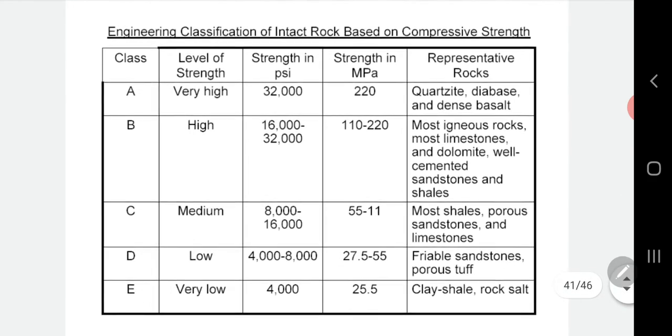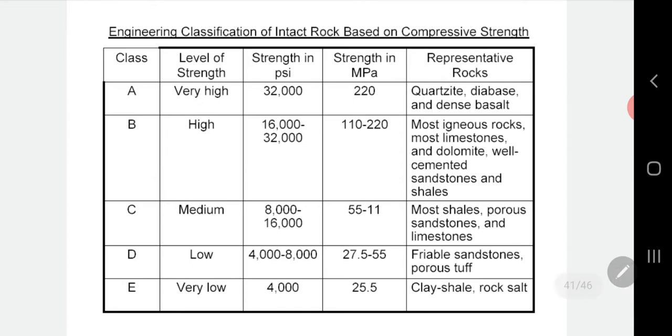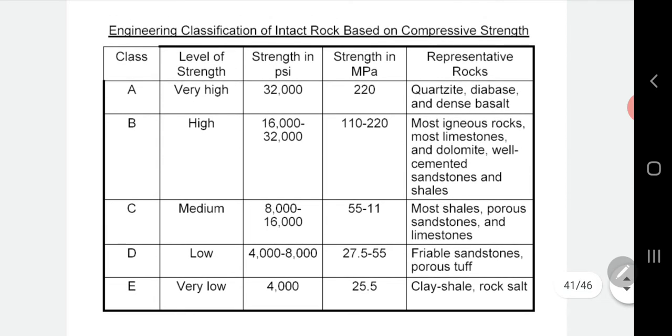Okay, let's look into this table. This is the engineering classification of intact rock based on compressive strength. When you do the compressive strength test and get a value, let's say 220, referring to the table, this is the grade A or class A rock.